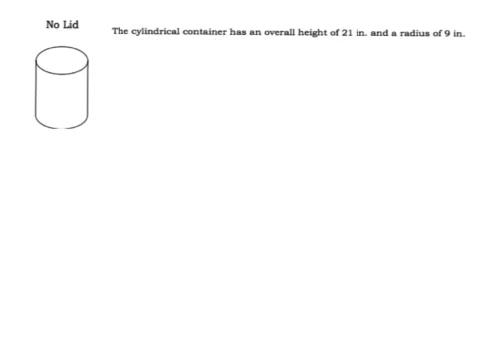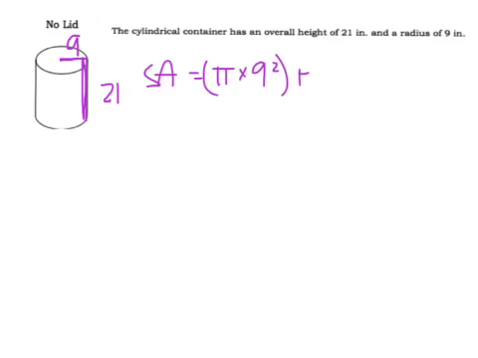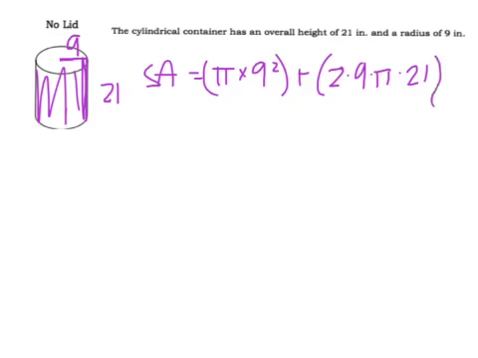So let's see. With the cylinder, it has a height of 21 and a radius of 9 inches. So to find the surface area, I took the surface area of my bottom, which is pi times radius squared, plus the area of my square, which is 2 times my radius times pi times my height of 21.